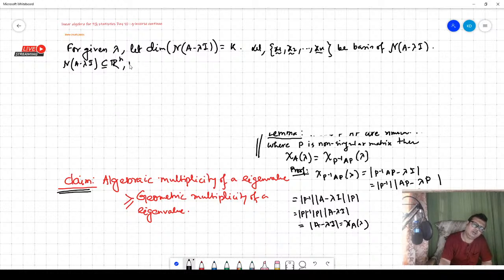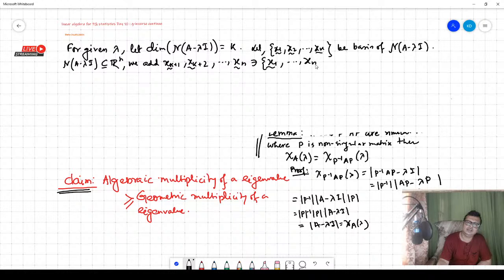So we can always add some vectors xk plus 1, xk plus 2, up to xn, such that x1 to xn is a basis of the vector space Rn.